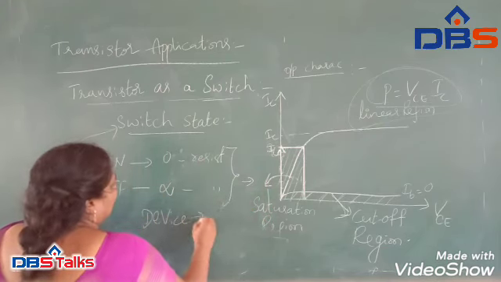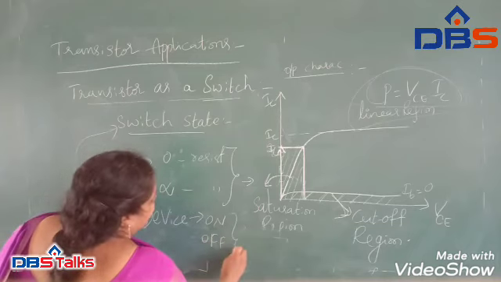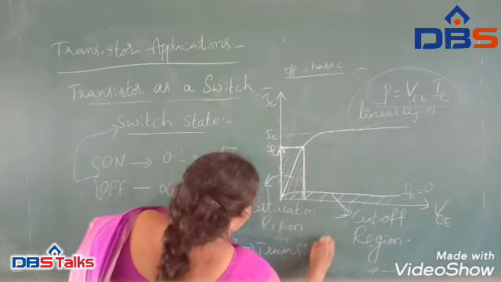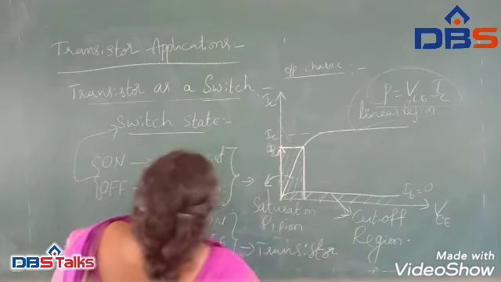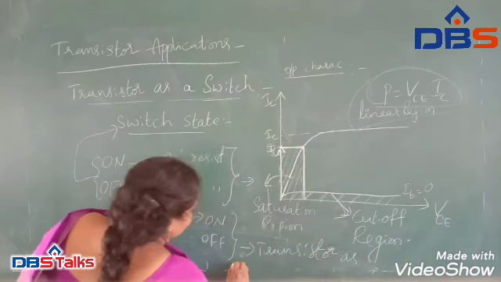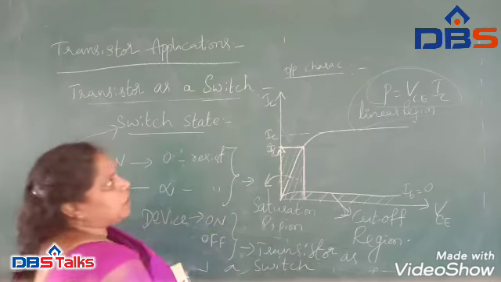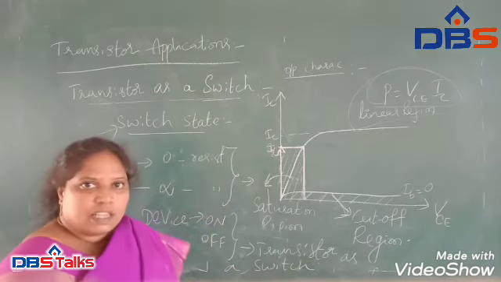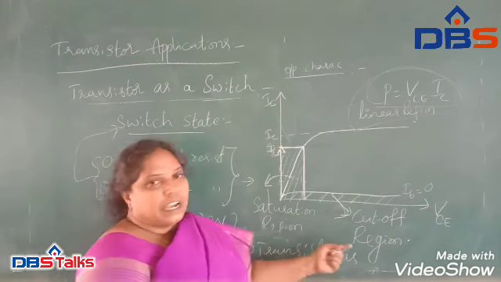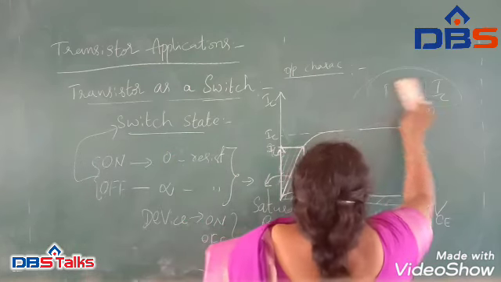That's why we can say the transistor is in a switch condition: transistor as a switch. So we take the saturation region and the cutoff region, and we neglect the active region.